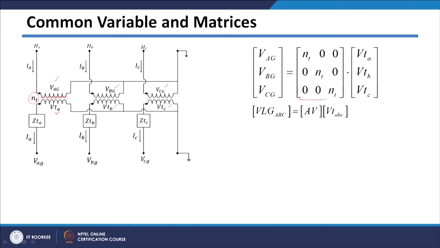So this turns ratio will again be a 3 by 3 matrix with NT as the diagonal entry, and this particular matrix I am calling matrix AV, the voltage ratio, which basically relates the terminal voltages of the secondary to the primary voltages. Basically, this is related to the voltages across the windings.